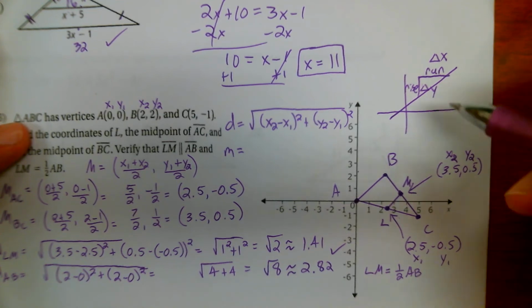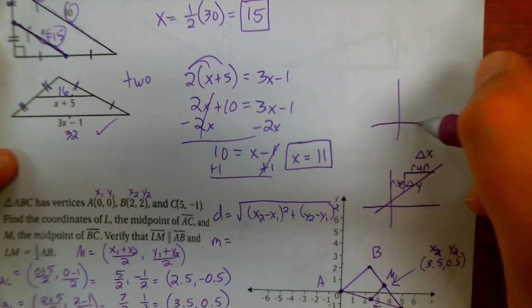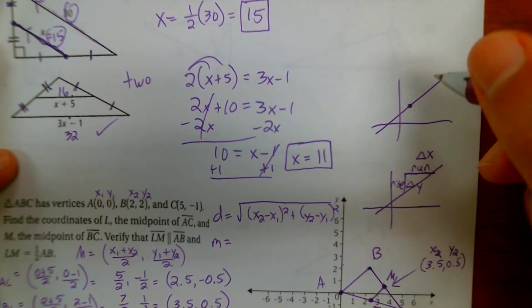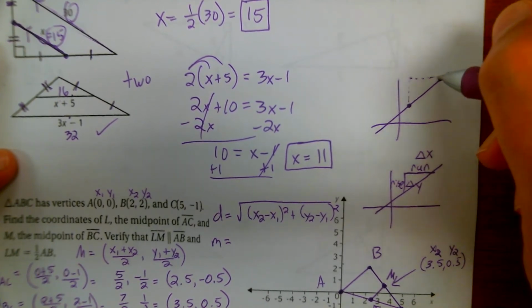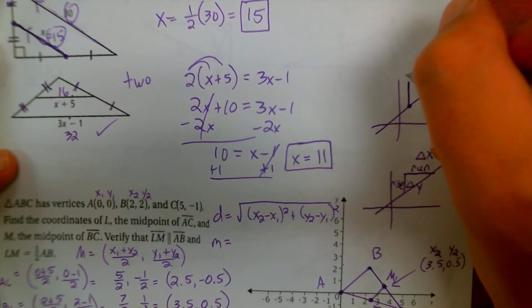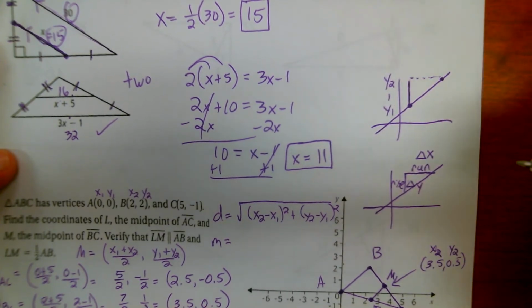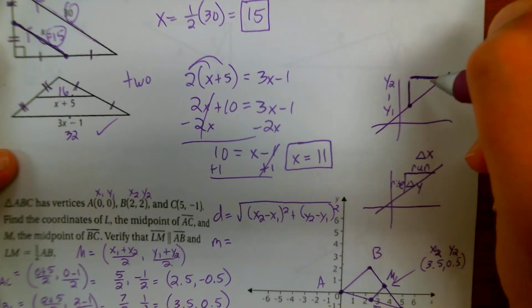Okay, so I'm going to go back here and draw this again just so you guys can visually see this one more time. If I want to find the slope between these 2 points, I'll want that vertical rise over that horizontal run. So for my change in y's, this is going to be like y2 and y1, so I'm going to subtract y2 minus y1. And then I want my horizontal distance.